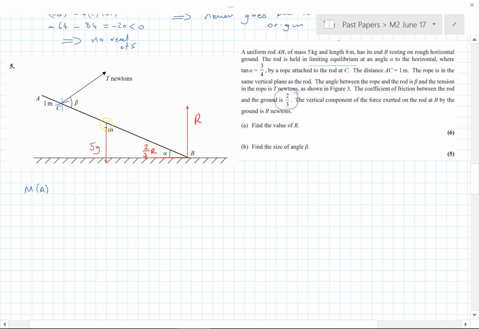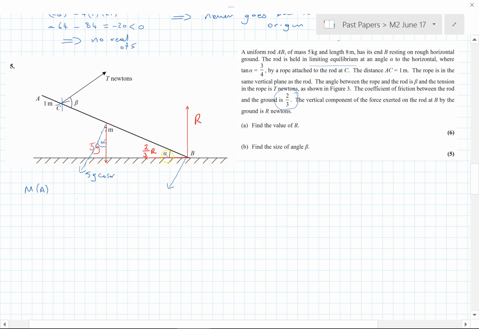Right, now the way I normally look at this is just to think of this component here. Notice that angle there is alpha, and we know that tan alpha is 3/4, so there's no issue there. So this component here is 5G cos alpha, because it's next to the marked angle here. And then we've also got a component of this frictional force.